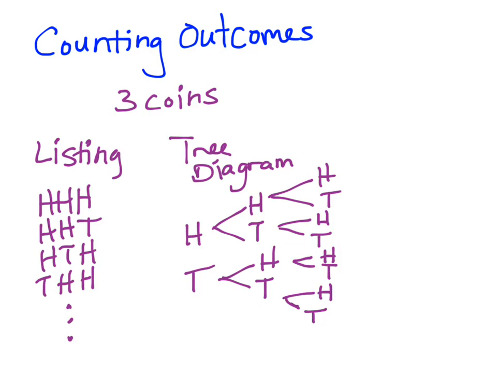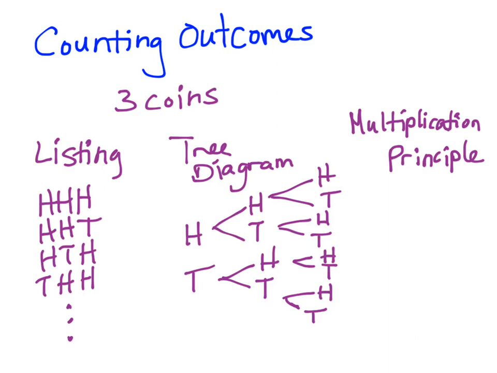Now if you want an improvement on this, we have the multiplication principle, and while this doesn't list all of the different options, it is a very fast way to count how many outcomes there are. Right, so we would count the number of outcomes for each of these processes. So the process is the thing we're doing. You can think of that as flipping a coin, drawing a card, choosing a child from a family, anything like that.